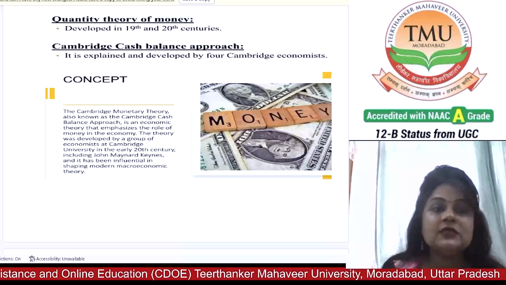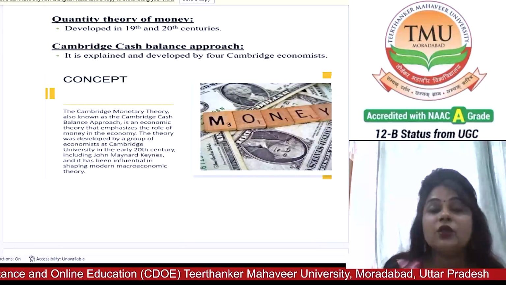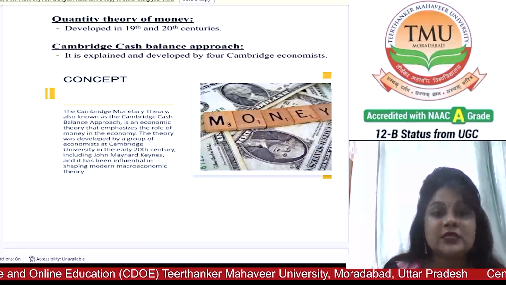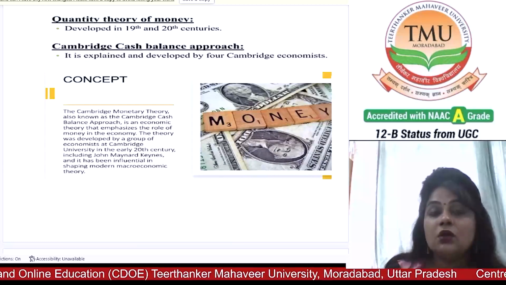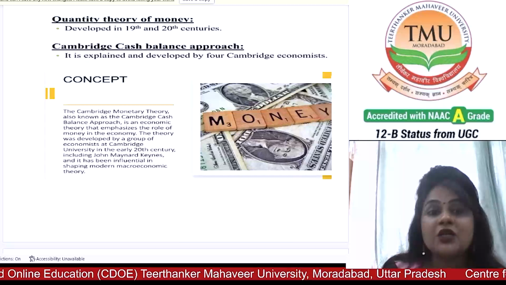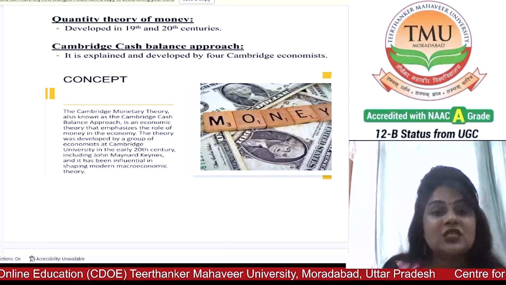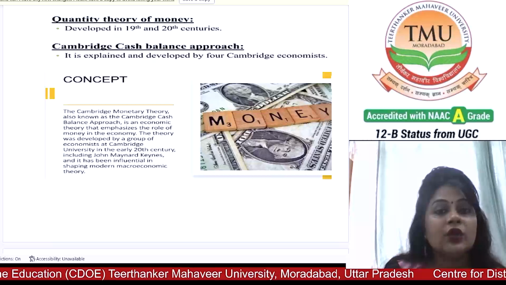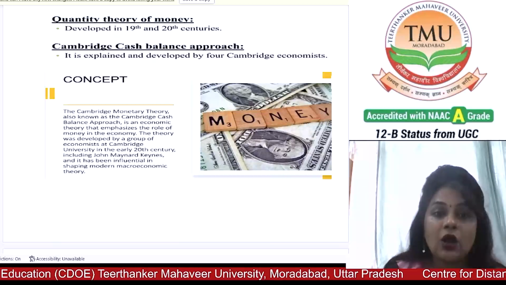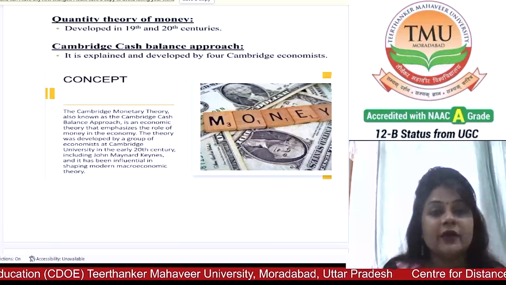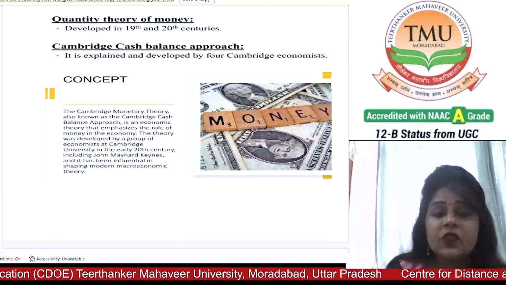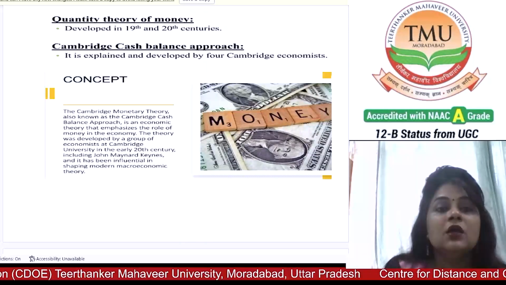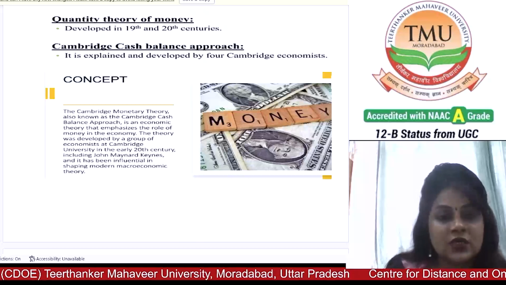The cash balance version of the quantity theory of money became popular in the 20th century. Following the lead of Dr. Marshall, some Cambridge economists, especially Pigou, Robertson, Keynes, including R.G. Hawtrey, popularized it and also gave different views.